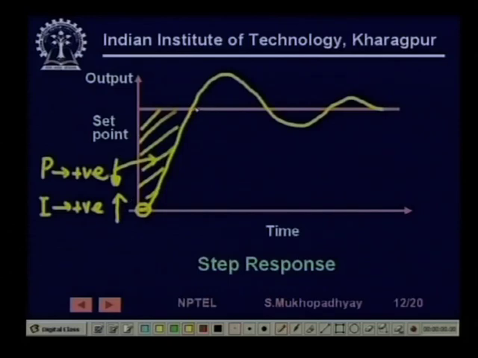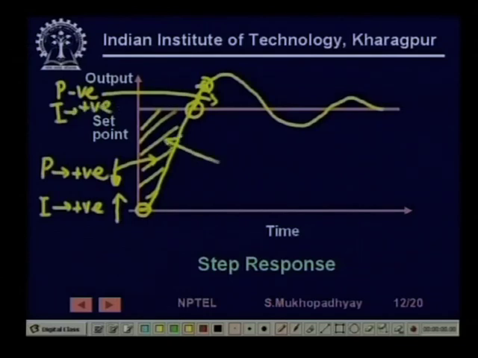What happens at this point? At this point error is 0. So the proportional controller output is 0, but because the integral controller output is still positive, the plant continues on this path. Now, when it is here, the proportional controller is negative, but I is still positive because there is already a large positive integral accumulated.